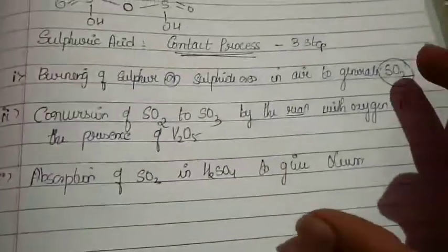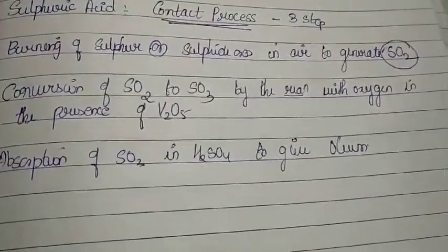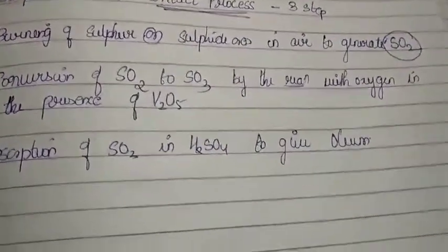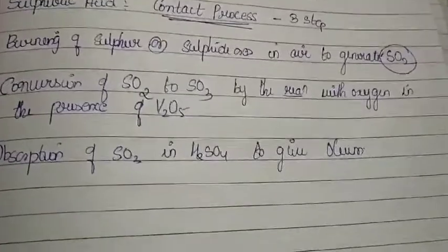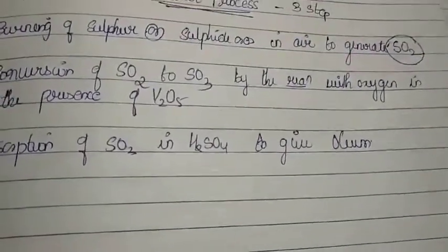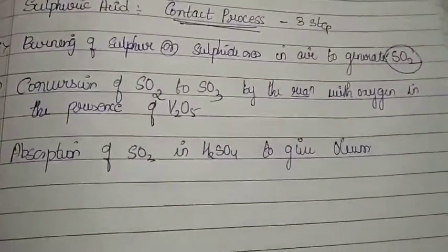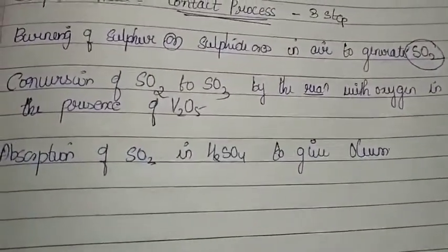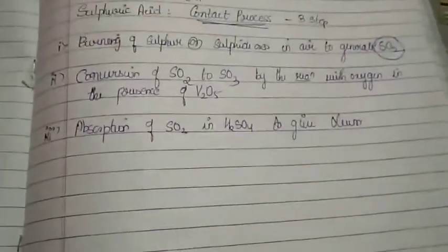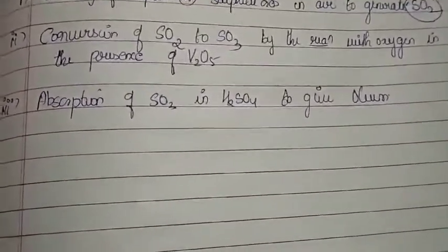So these are the three important steps involved in the contact process. First is the conversion of sulfur or sulfide ores to sulfur dioxide by burning them in the presence of oxygen. Then comes the catalytic oxidation of sulfur dioxide to sulfur trioxide. And the last part involves the absorption of sulfur trioxide in H2SO4 to give oleum.